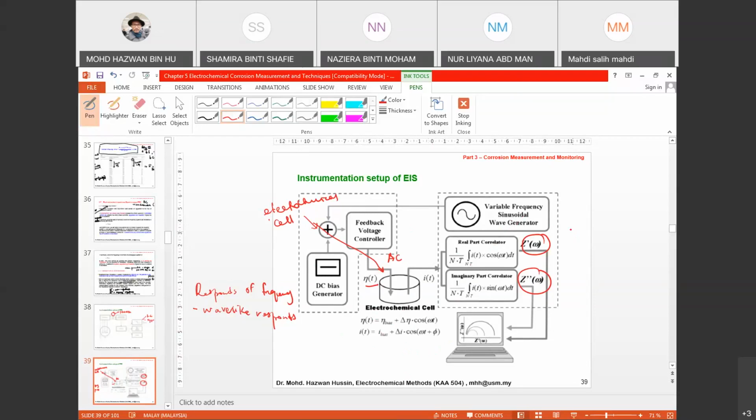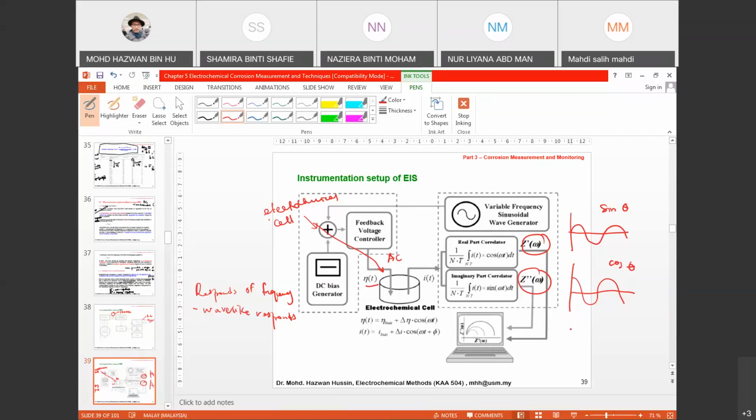Not sure whether you still remember from physics, you have different responses known as sine theta and cos theta. So what will be this sine theta and cos theta? This is the response of the wave that you will get.